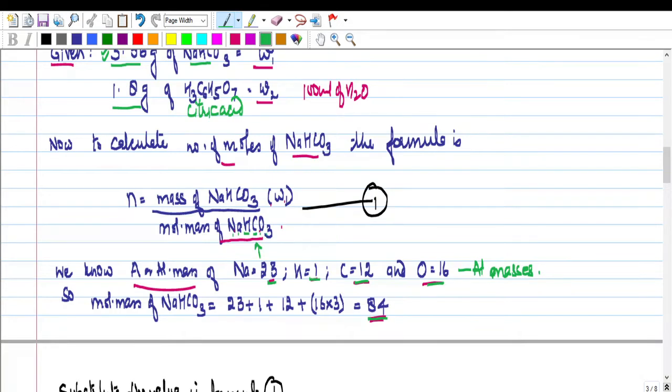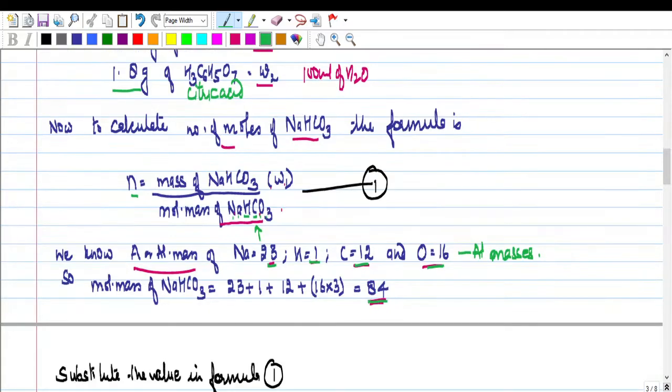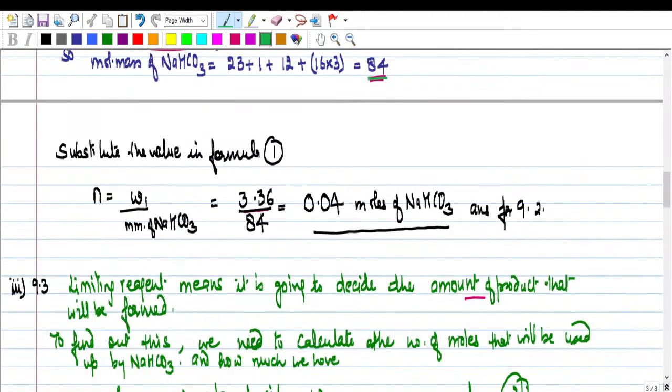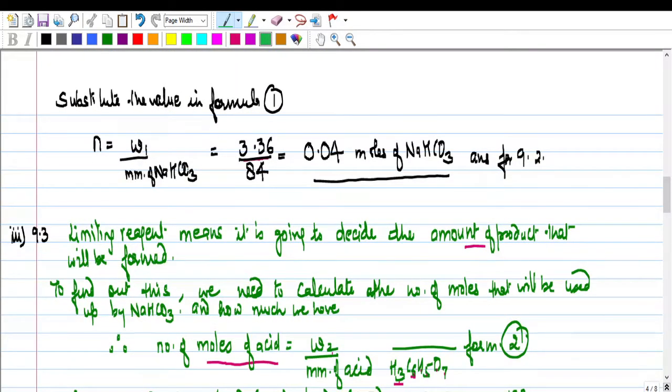So if you place the value, n is equal to 3.36 divided by 84. We substitute the values to find out the number of moles, and it will come out as 0.04 moles of sodium bicarbonate.